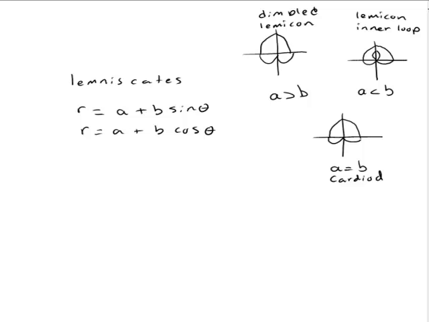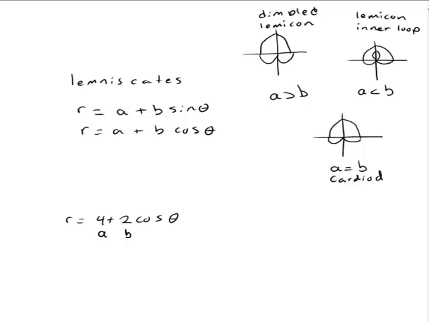Let's suppose we are given the equation r equals 4 plus 2 cosine theta. In terms of our property, here's A, and this is B, right? And comparing it to one of these over here, it seems as though A is greater than B, so it's going to be this case here.